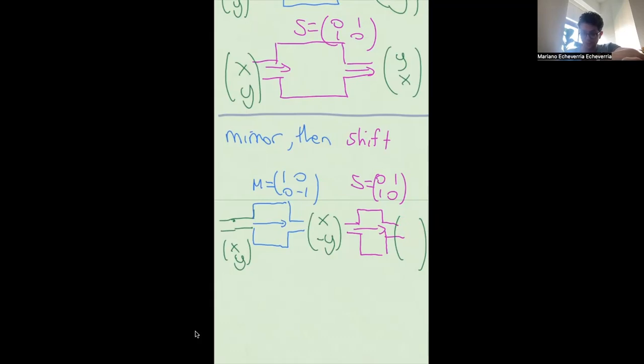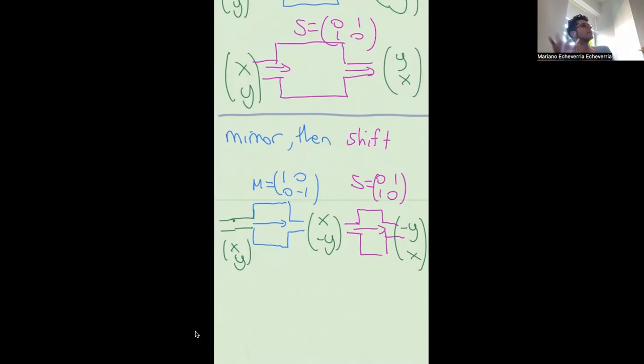That's the point. Because what the shift did was move the entries, you're just supposed to continue doing that. So you get negative y, and then the second entry should be x, because the shift is still acting as the shift machine. It's just that you gave it a different input. Yeah, excellent observation. Not that you had to realize it, but it just happens in this case that if you do a mirror and then shift, it is equivalent to having rotated by 90 degrees.